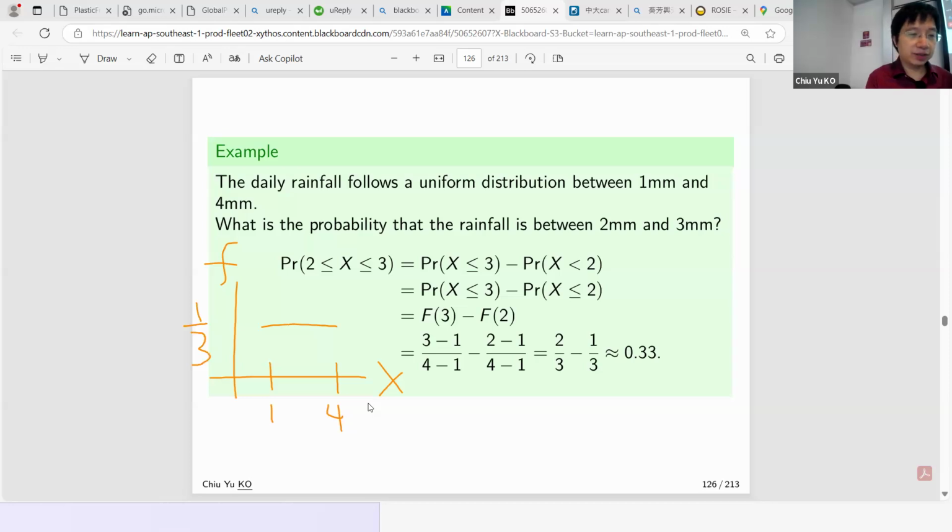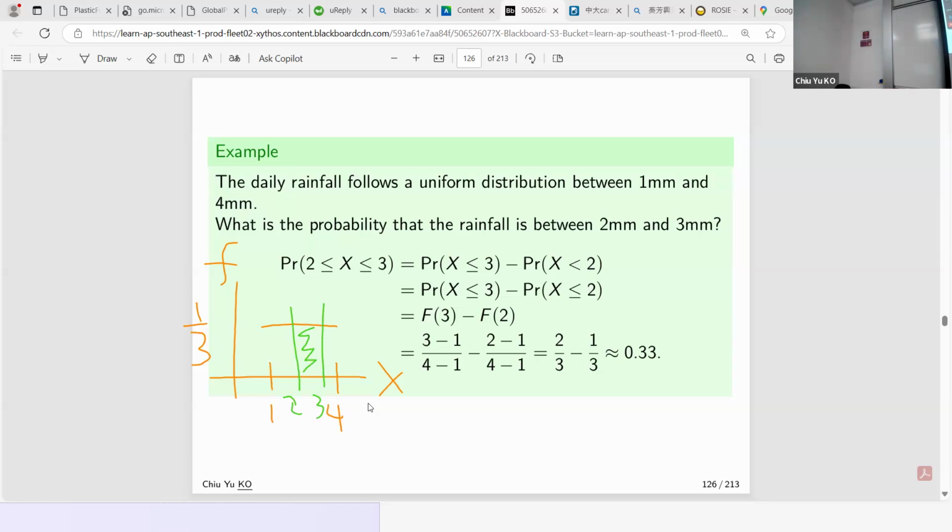Between 2 and 3 will be just this area. The base is 1, the height is 1/3, so 1/3, done. Of course, you can also use F of 3 minus F of 2.